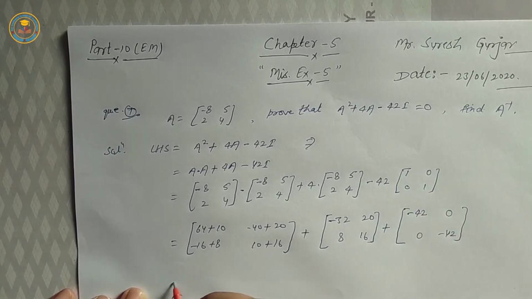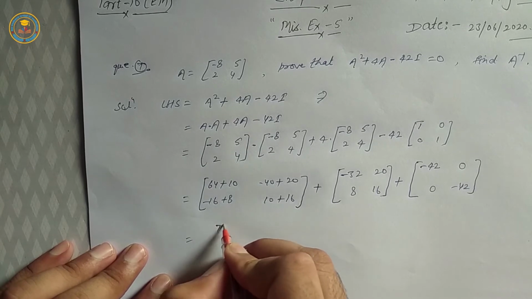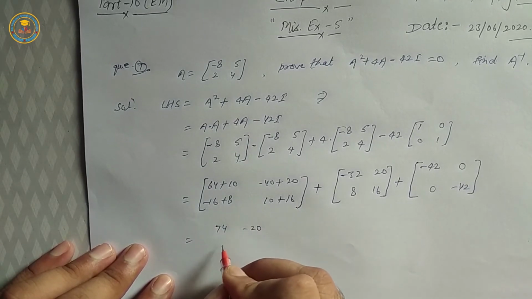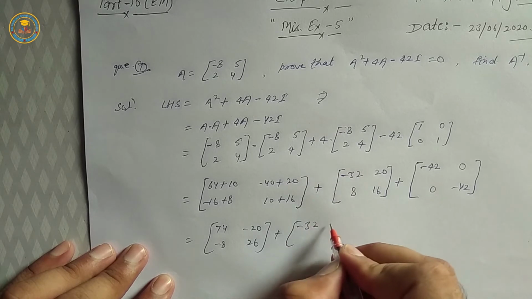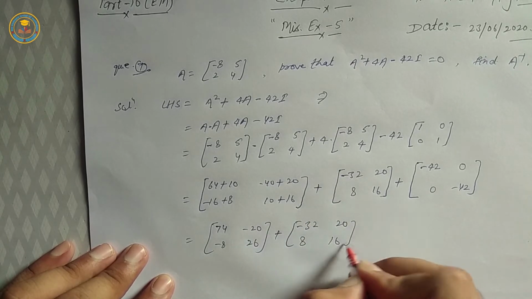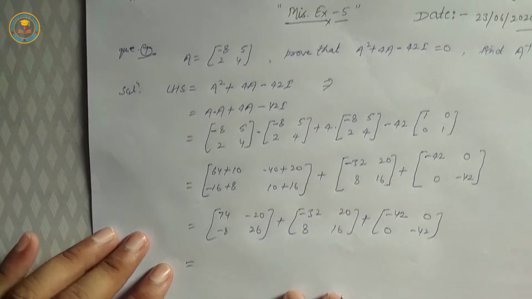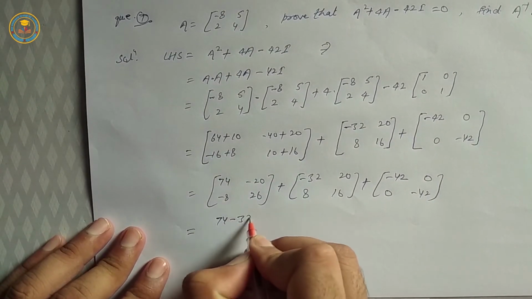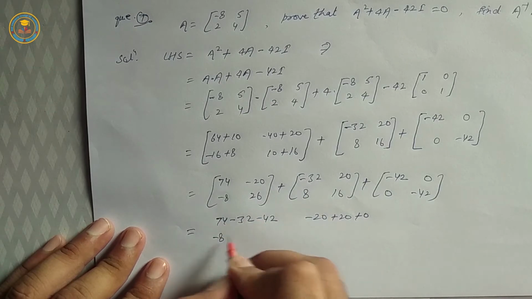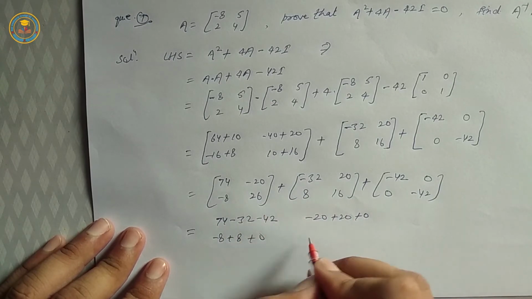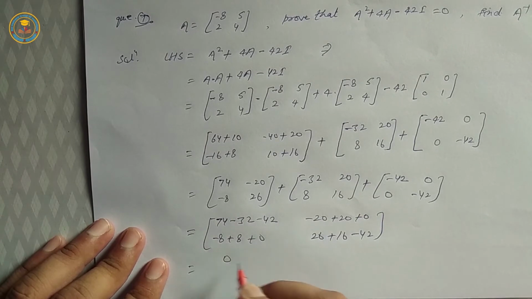Okay, is equal to 64 plus 10, it means 74, minus 20, 26, plus minus 32, 20, 8, 16, plus minus 42, 0, 0, minus 42, is equal to 74 minus 32 minus 42, minus 20 plus 20 plus 0, minus 8 plus 8 plus 0, 26 plus 16 minus 42, is equal to 0 0 0 0.